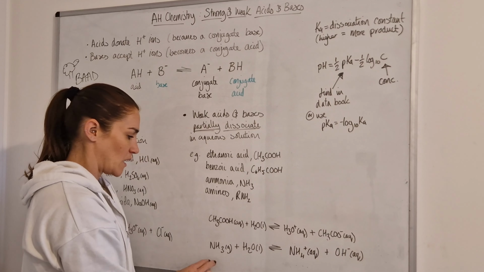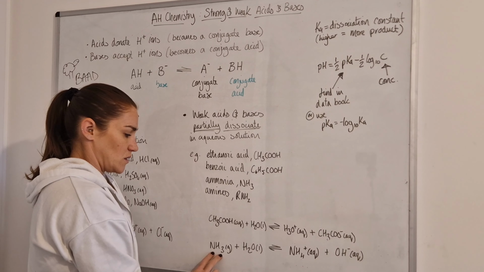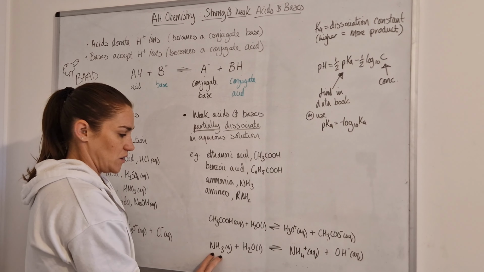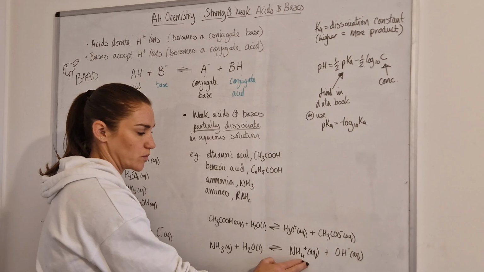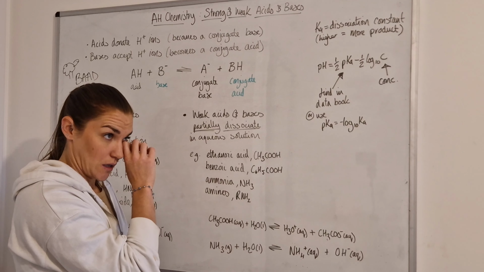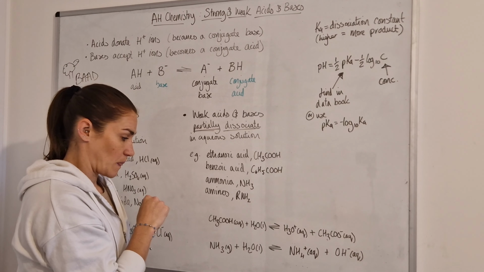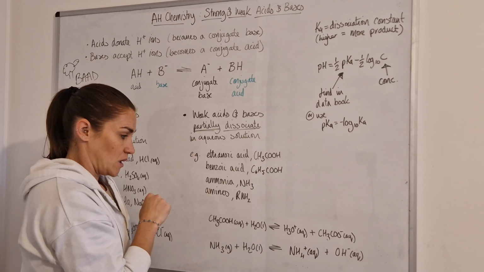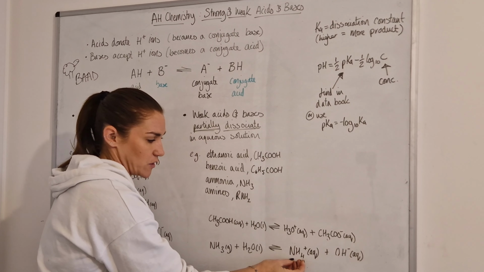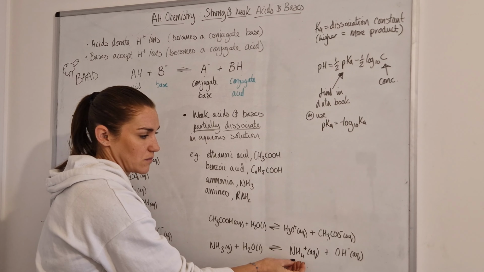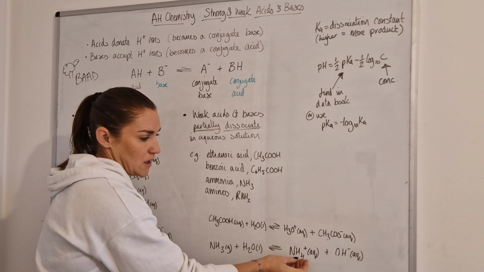creating the hydronium ion, and then you get this ethanoate ion, that's what that's called. Then for ammonia, when you dissolve that in water, you produce NH4+. So ammonia is a bit of a weird base because it accepts hydrogen ions.